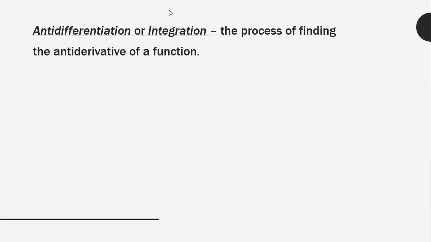In the previous chapter, we have discussed the process of differentiation as the fifth operation in math. Of course, there is an opposite operation with it, and we refer to it as anti-differentiation. It's like addition, the opposite operation is subtraction, and we also have multiplication, the opposite operation is division.